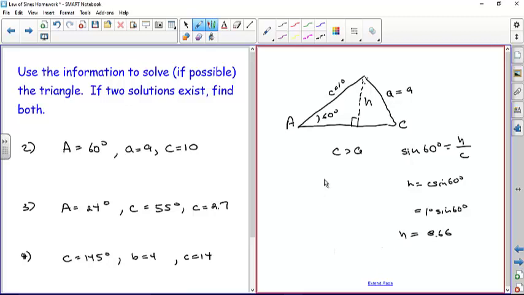And so let's rank these. So h is this way, then we have A, which is 9, and then we have C, which is 10. If this is the case, which it is, there are actually two solutions.